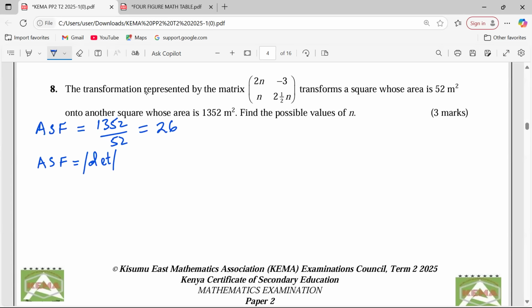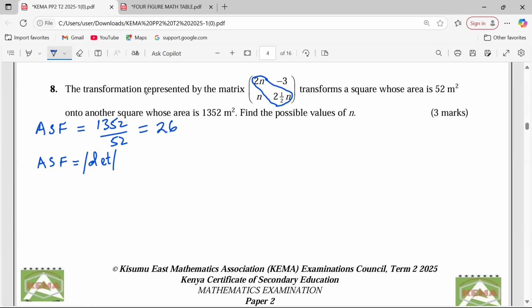And therefore, the area scale factor that we are getting here is equal to the determinant of the matrix of transformation. Therefore, we ask ourselves, how do we get the determinant of a matrix? Product of elements in the leading diagonal, this way. That is called the leading diagonal, the diagonal running from top left to bottom right.